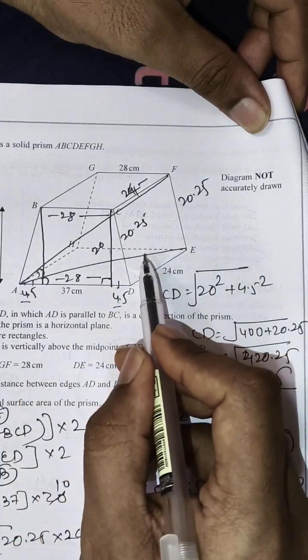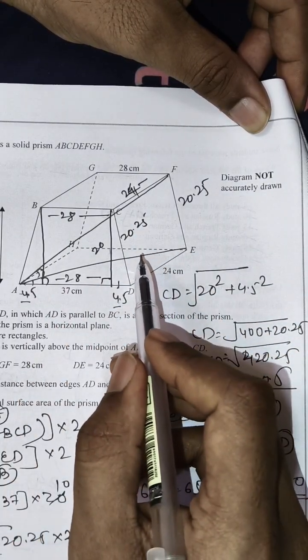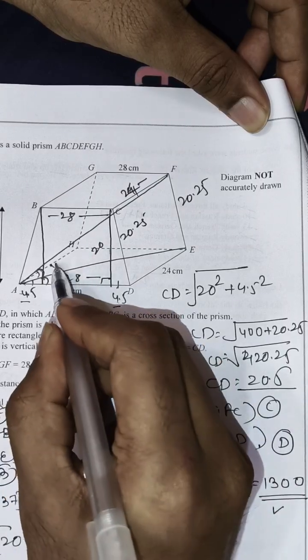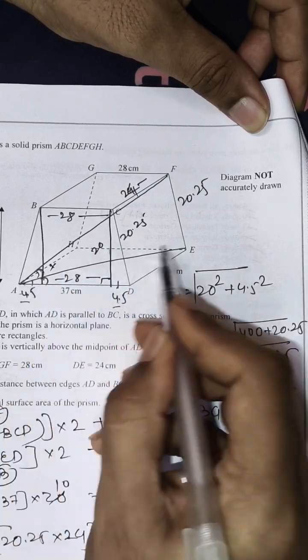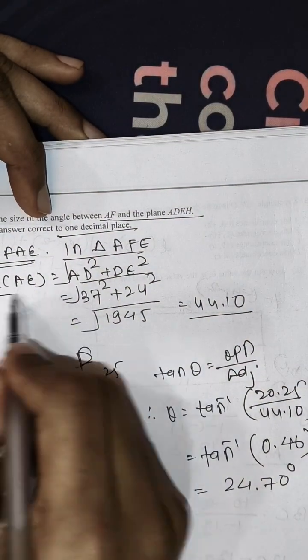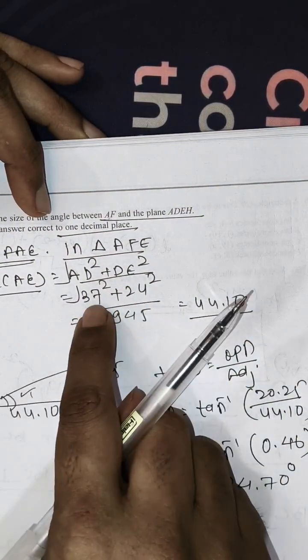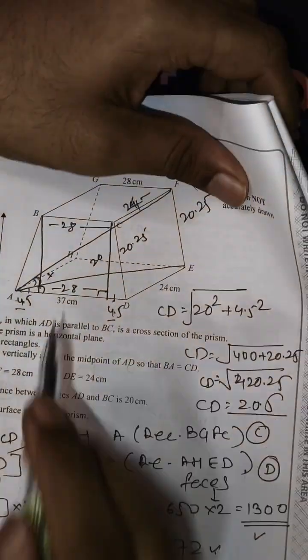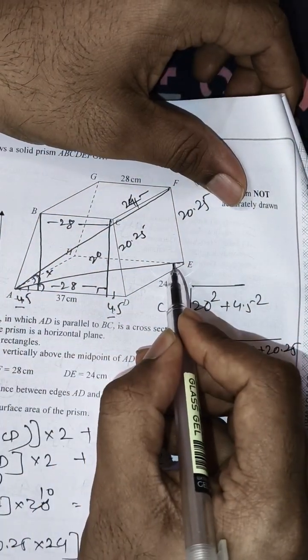Diagonal from A to E, you draw, and automatically you will have to find this angle, correct? This part. So what I'm going to do is find AE by using Pythagoras theorem, correct? AE with Pythagoras theorem, you get it from 37 plus 24 squared, you get 44.10. So this whole big length AE is 44.10.